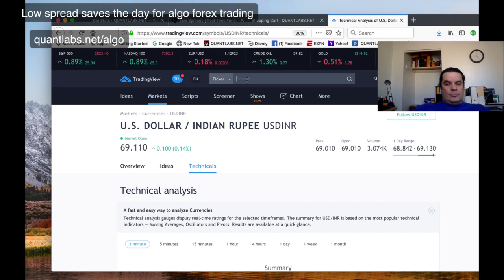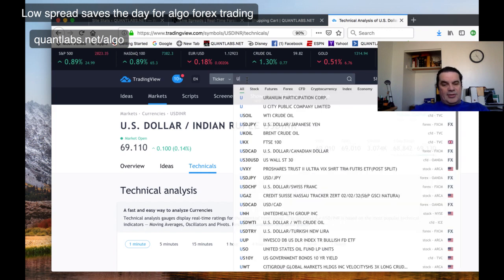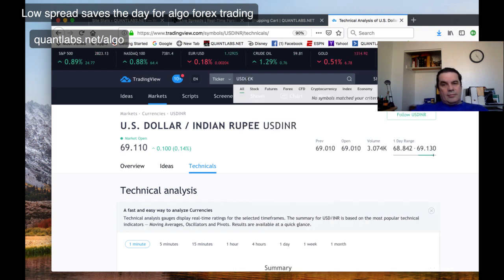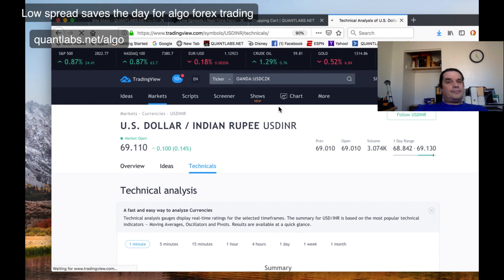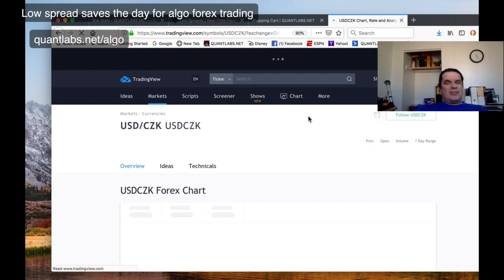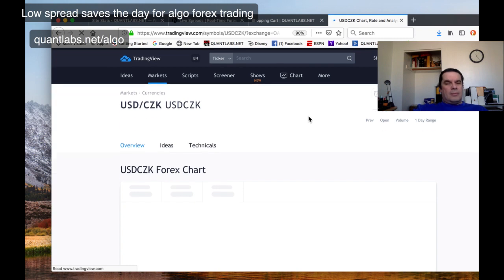USD, check. Oh, CZK. So the Czech koruna, and we want the Oanda. Now, when you see the ICE as a supplier, that's one of the spot markets out there.